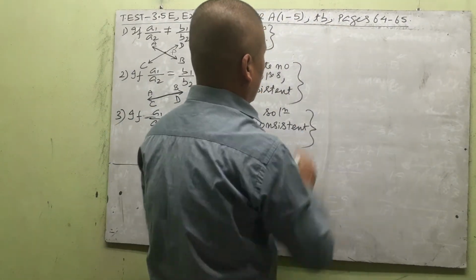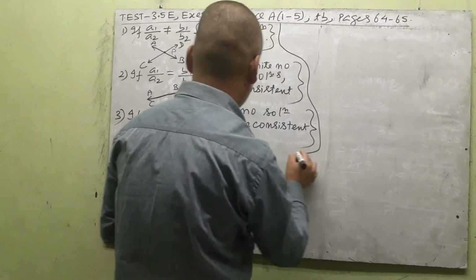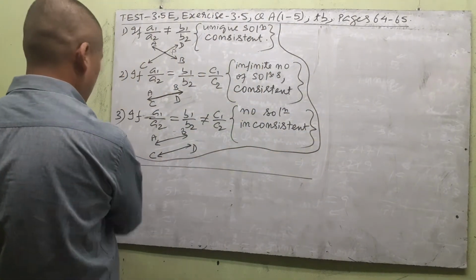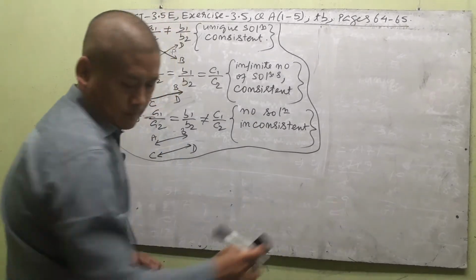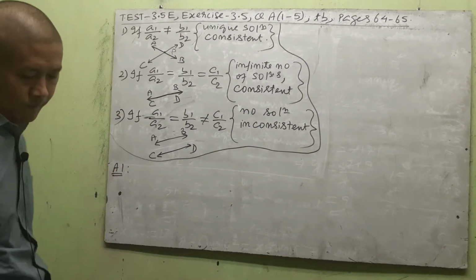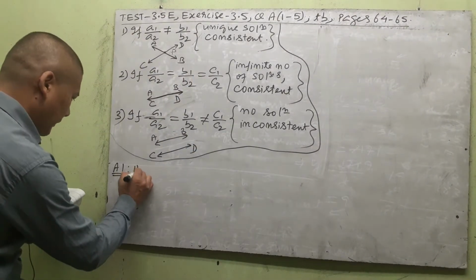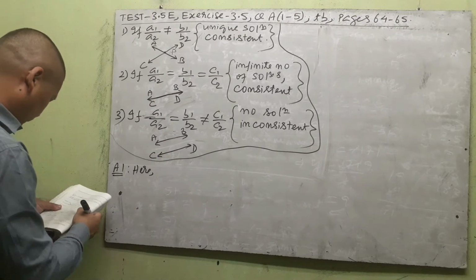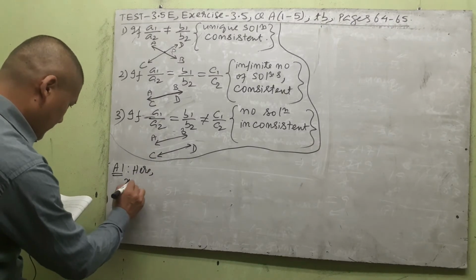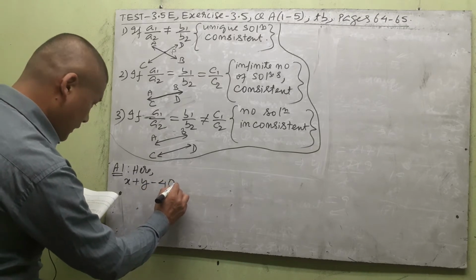Okay, so let me just draw like this for space's sake. So let's start with A1. Here, the pair of linear equations. The given equations are x plus y minus 40 equal to 0.